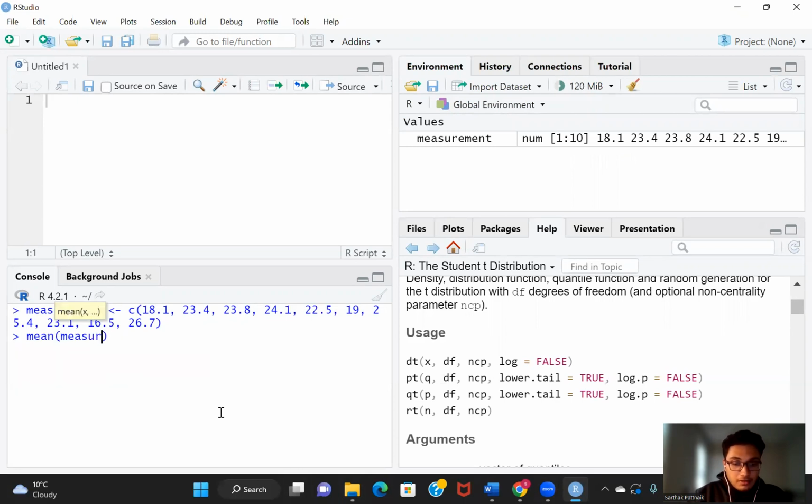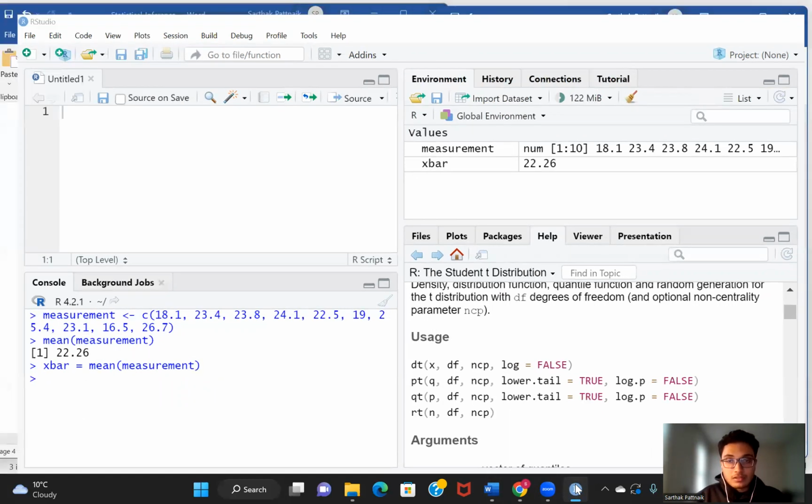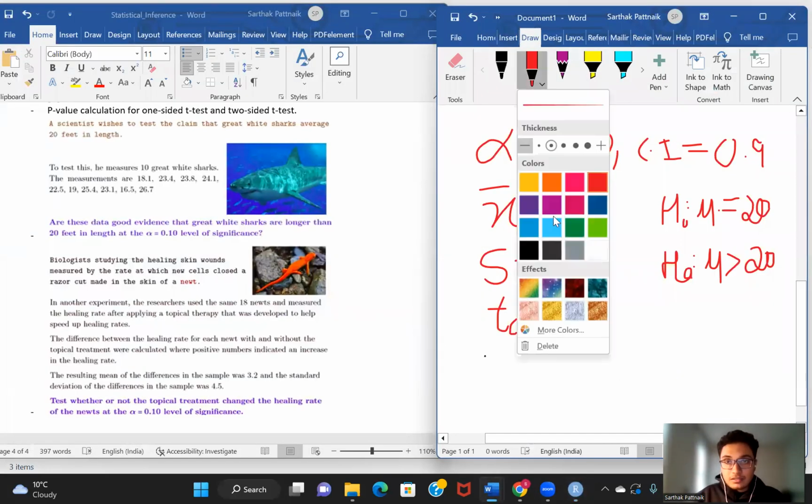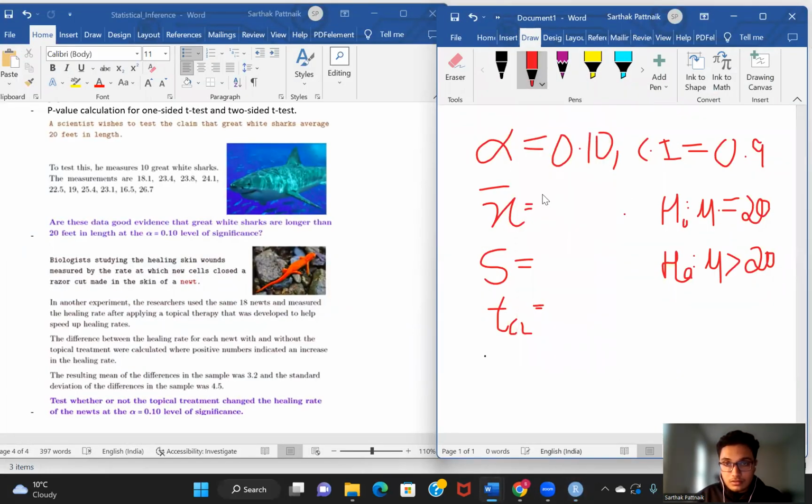I'll calculate the mean. Mean is 22.26. I'll store it in x bar actually. So I'm getting my mean as 22.26.